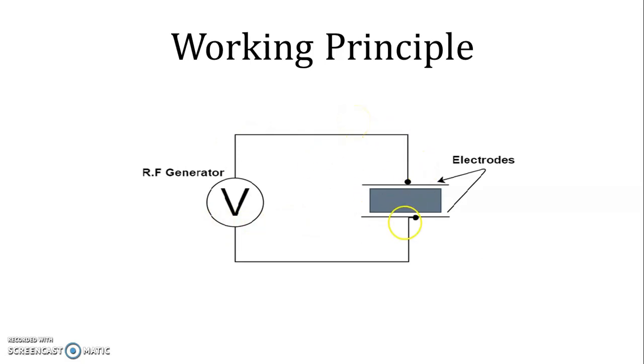In between the electrodes we have a dielectric medium, and that is the material which needs to be heated. The whole setup will be seen as a capacitor. So we apply very high voltage with very high frequency to a capacitive setup.